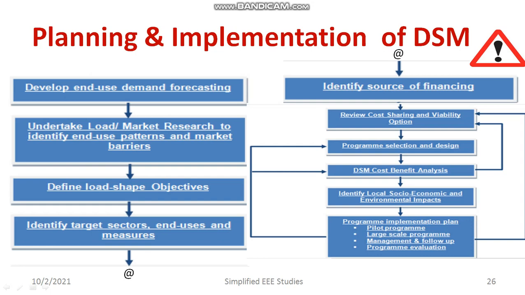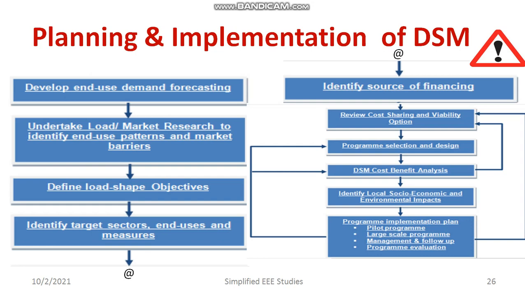Moving on to the second step, undertake load market research to identify end-use patterns and market barriers. To identify that, the utility company has to look at the previous electricity bills and different data related to energy consumption.